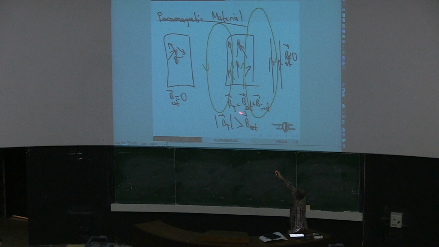Now, how much magnetic field will be induced? Well, it will depend on the magnetic permeability of the material. This is just like the dielectric constant. This is another constant of your materials, which characterizes how the material behaves under the external magnetic field.